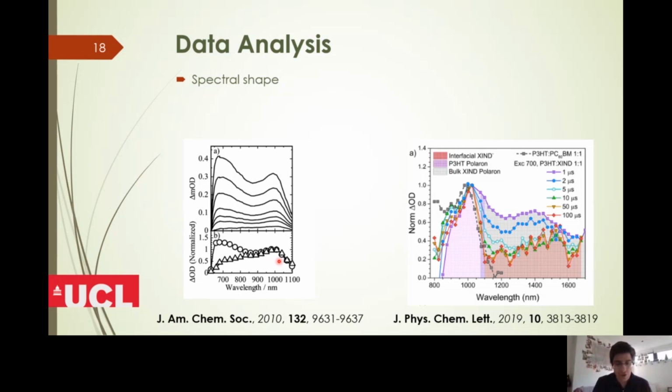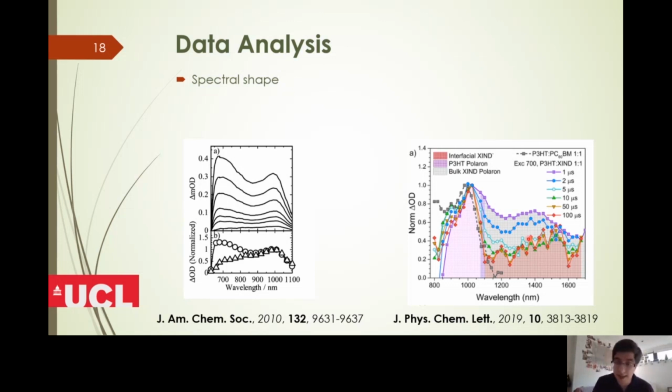So they suggested that this peak was due to polarons that were free. They were able to recombine through pure bimolecular recombination because they were free, but these ones were polarons that were trapped, so their recombination was slower. Also, in this paper, the authors said that the shape can give you information about where these polarons or species are.